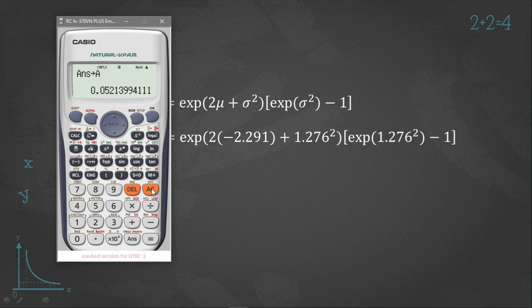So, gawin naman natin is itong kabila. Alpha E raised to 1.276 squared minus 1 equals, okay, i-stack naman natin siya sa B. Shift stack B. Okay. So, ipag-multiply na natin sila.